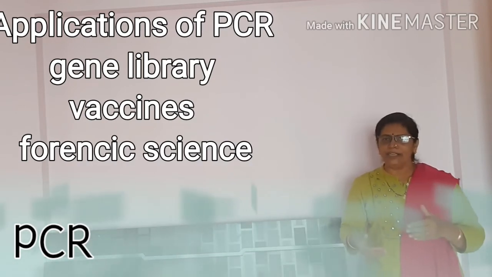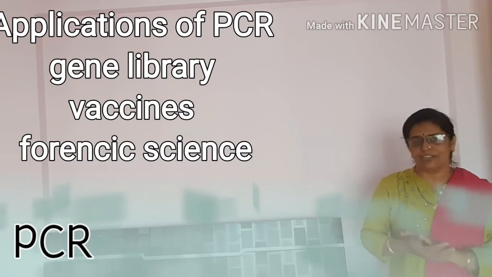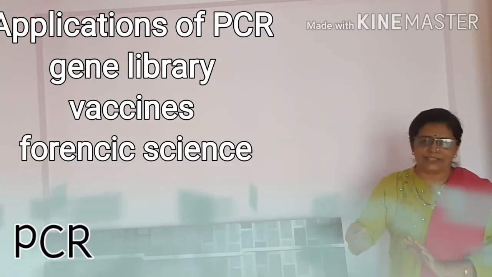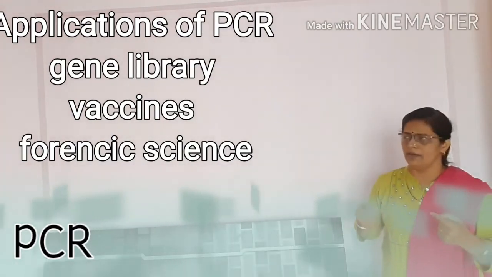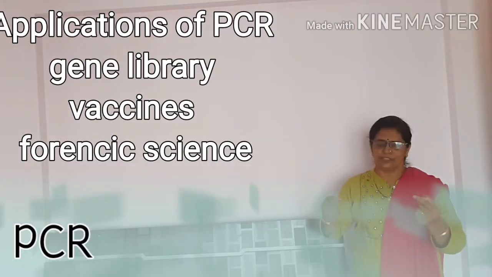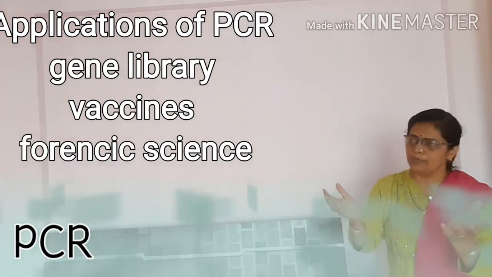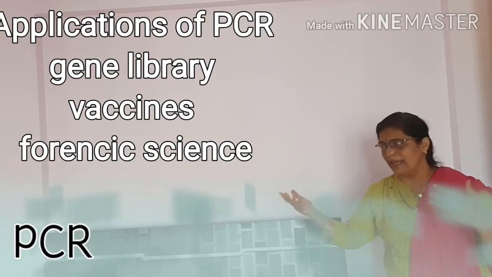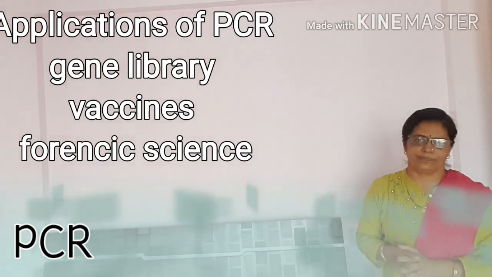So to prevent such diseases, vaccination is necessary. For that purpose, we collect a number of genes, and when such genes are cultured on a culture medium, they produce toxic substances, and when these toxic substances get inactivated, they are given to the human being.